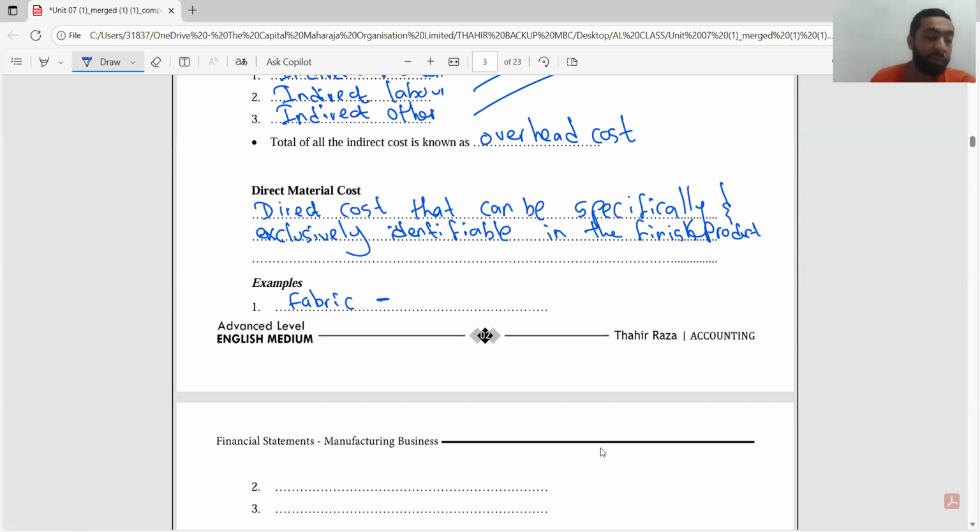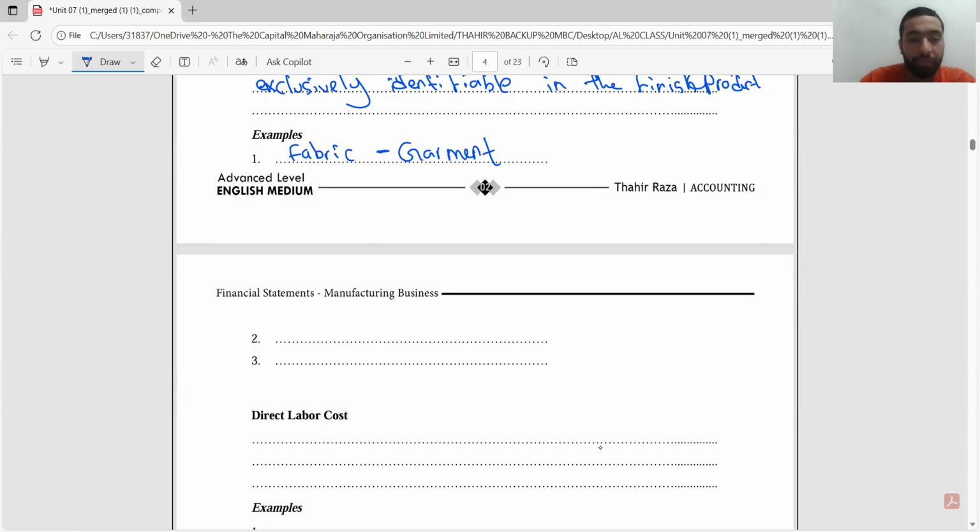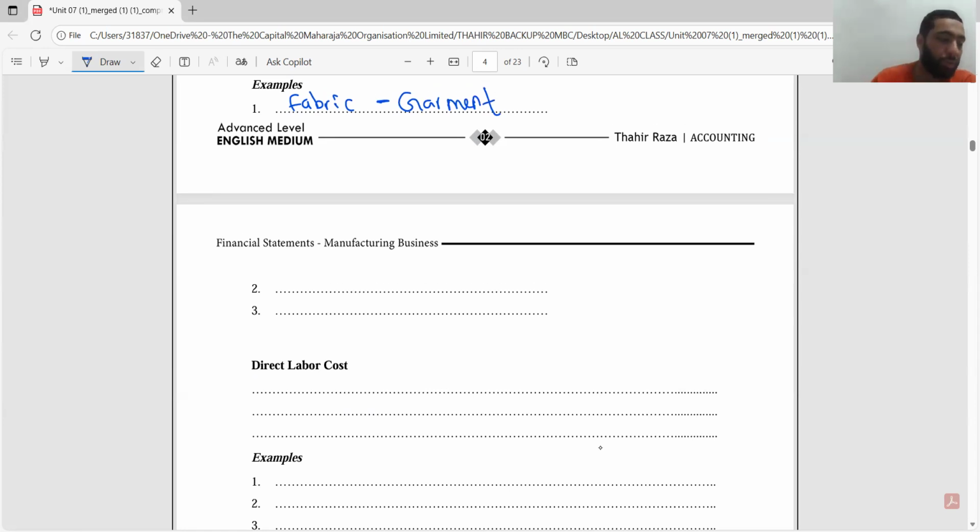It is garment. Okay. In garment, the direct material is fabric.